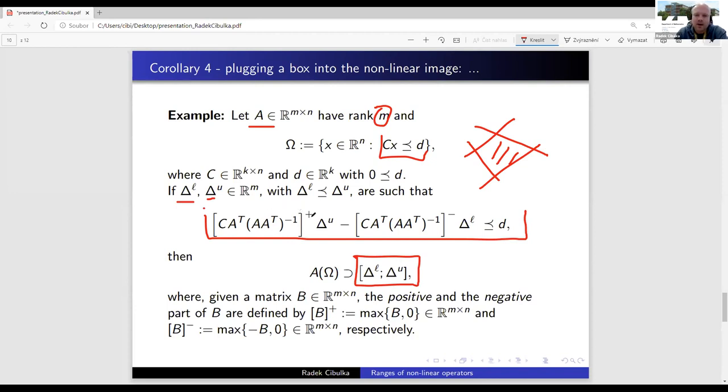And here the plus is simply the positive, and here the minus is the negative part of the matrix inside the square brackets. So this is just to show you that you can actually compute the box inside the linear image.